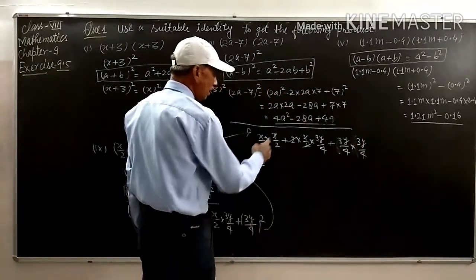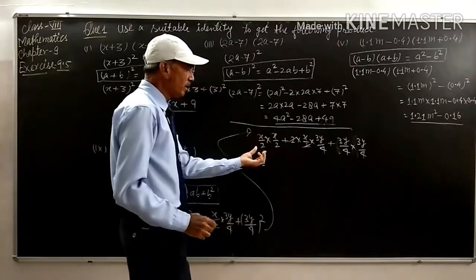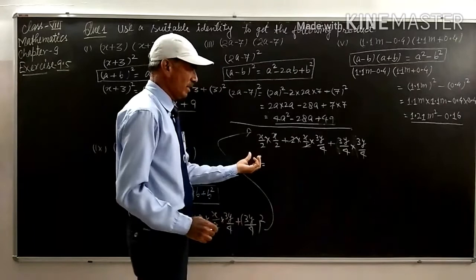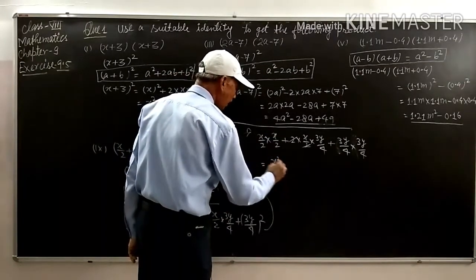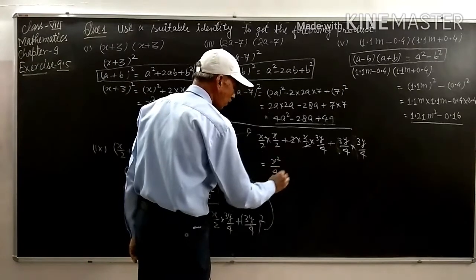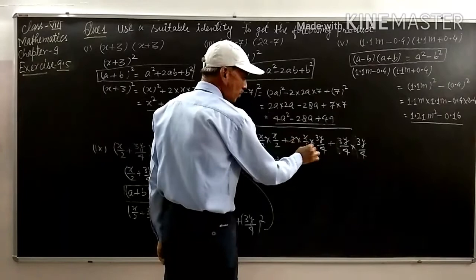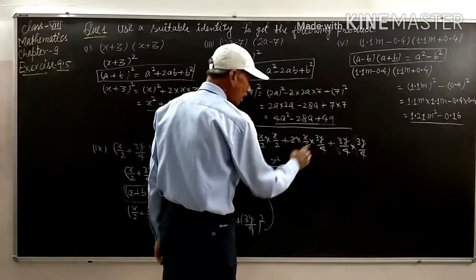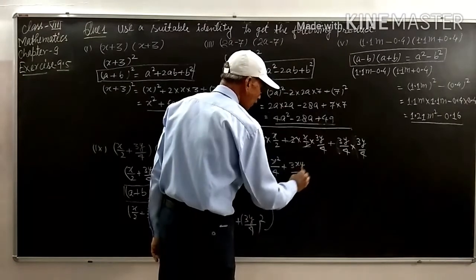Now, it will be x into x, we multiply numerator with numerator, students, and denominator with denominator. This one x into x, that is x square by 2 into 2, that is 4, plus this one 2 and 2 cancel, so 3xy by 4.